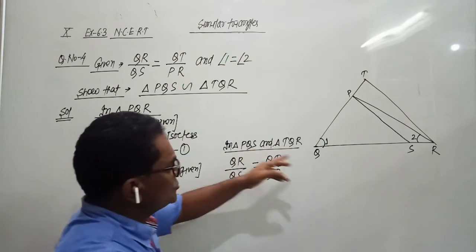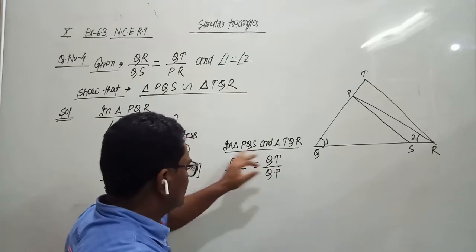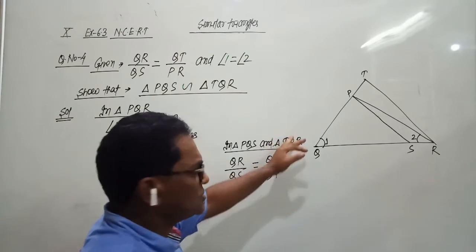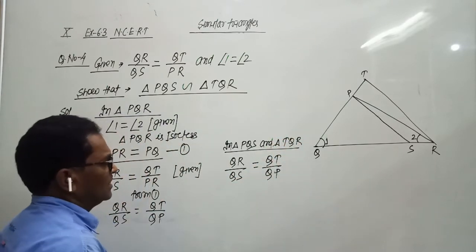It means these two triangles are similar because these are the sides of these two triangles which are proportional.